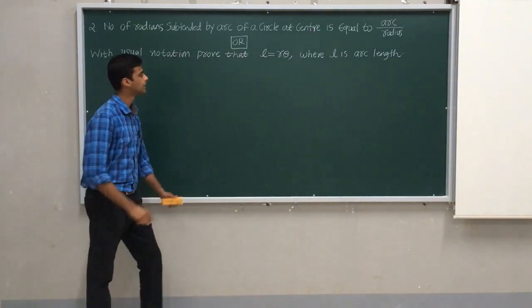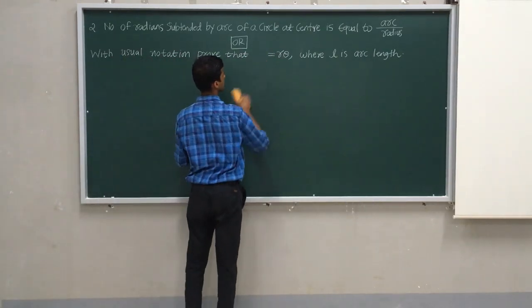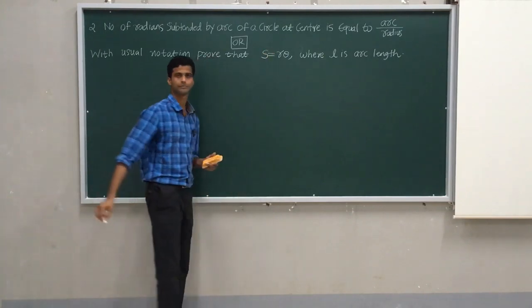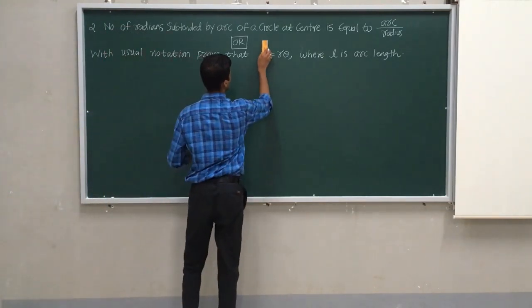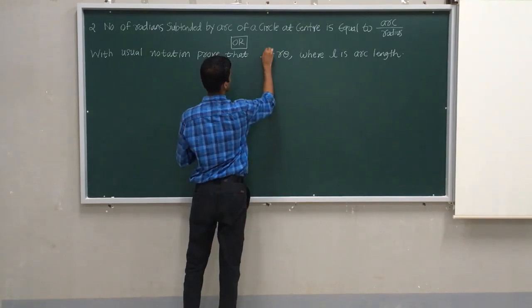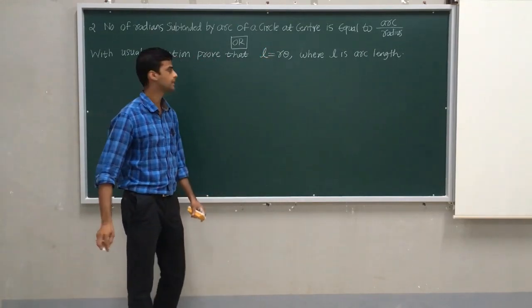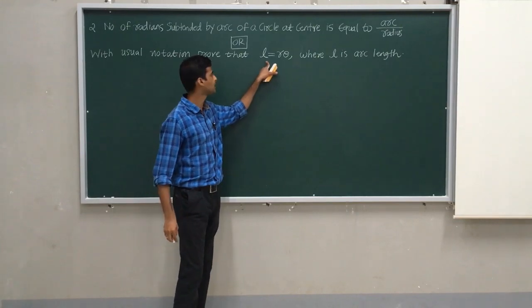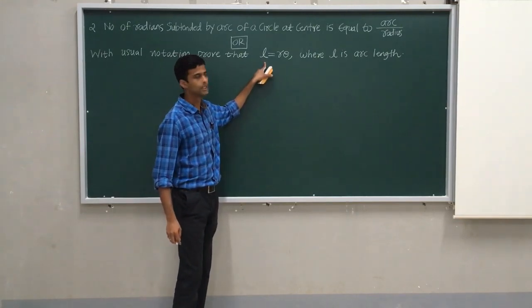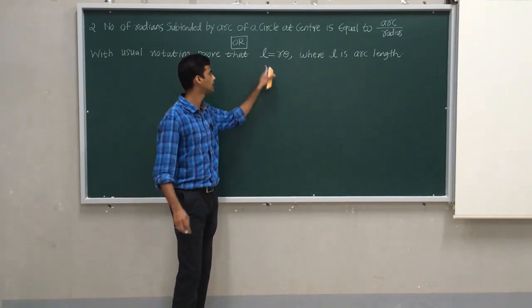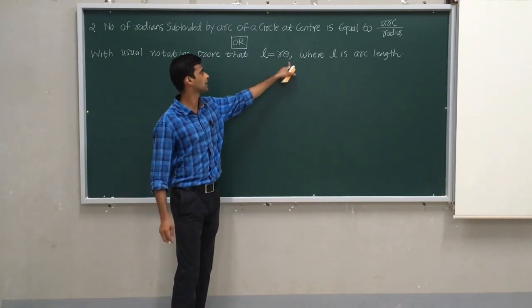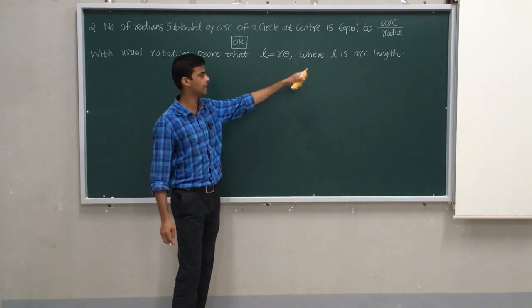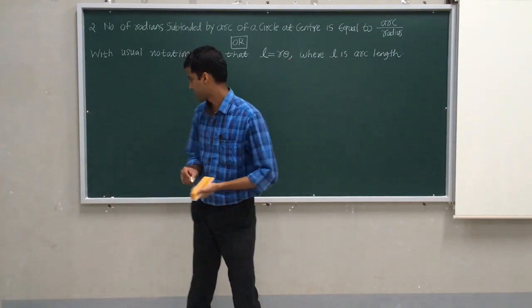In some textbooks, they have taken this notation as S. You may take any notation, but usually we take this notation to prove the result. I never said that it will always be L. Some textbooks use S. So in that case, draw a diagram using notation S. Here in the question we have told L equals r theta. That I will discuss now.